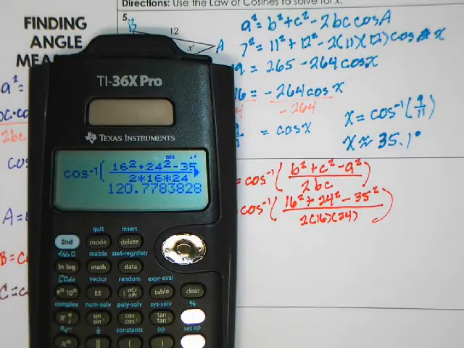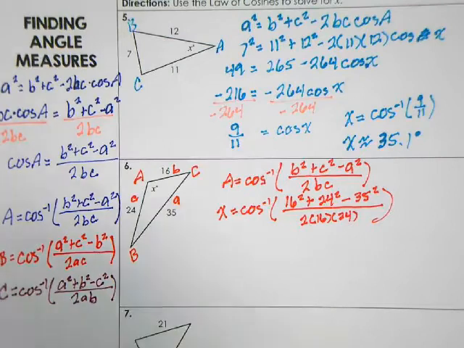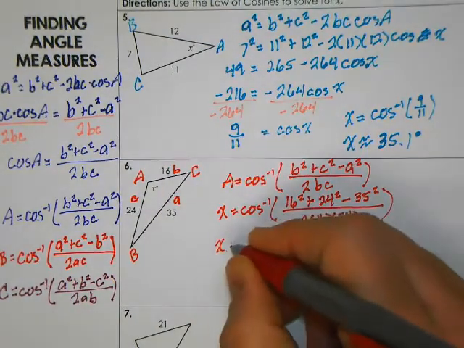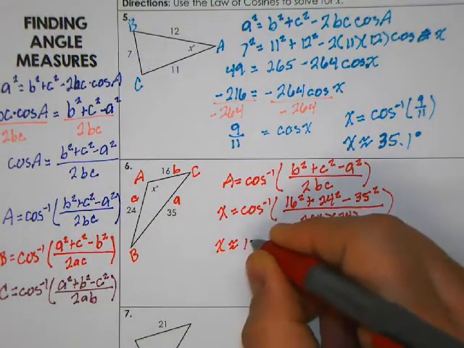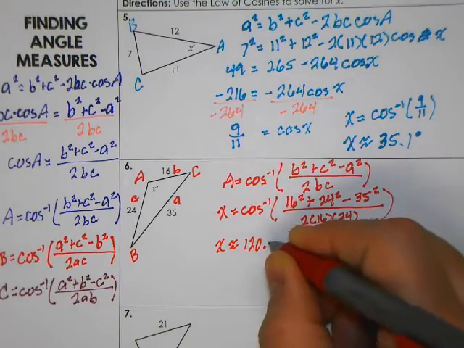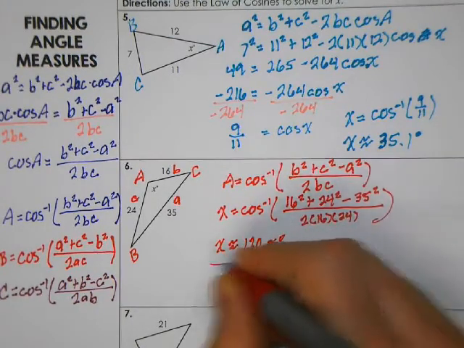And we'll go ahead and hit enter. And in this case, we get about 120.8 degrees. So x is approximately equal to 120.8 degrees.